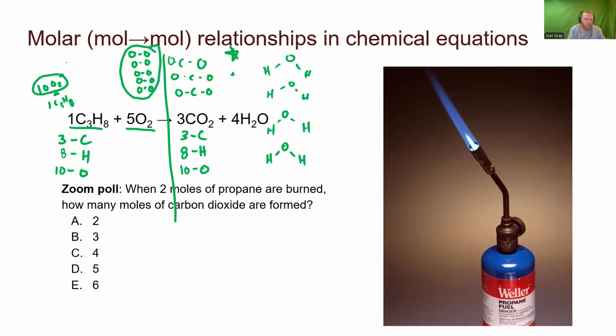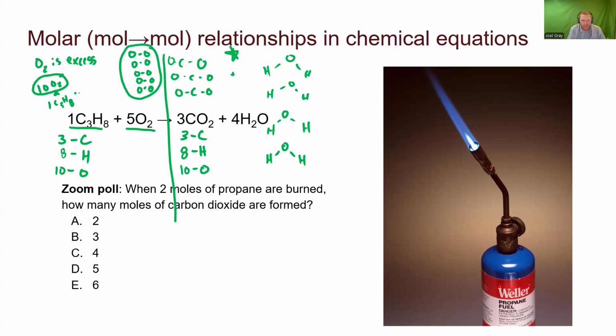So would you feel comfortable saying that O2 is in excess? There's extra O2 that you do not need. So this O2 that I have left drawn here, that would be left over. That's still there.